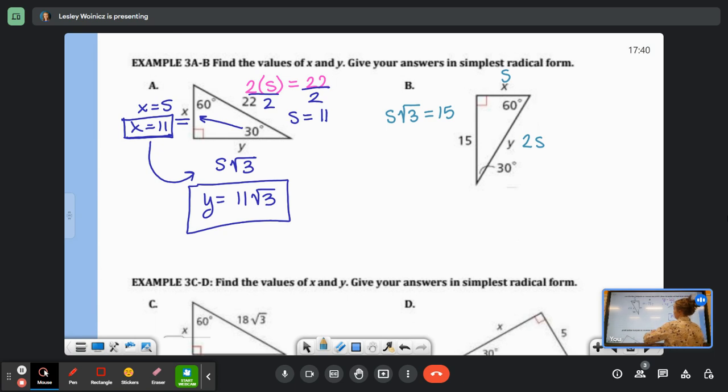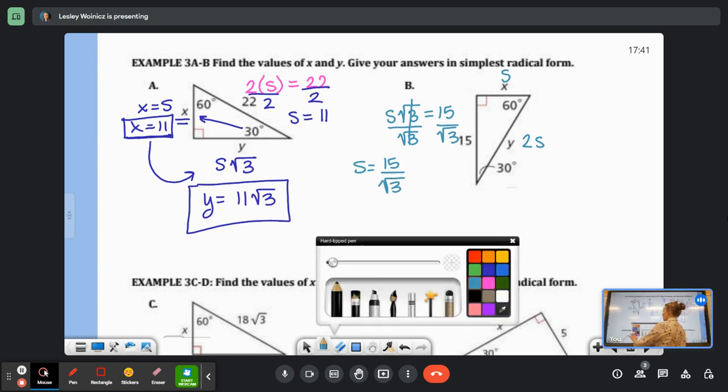I have to divide both sides by root 3 to find my s. So they cancel, and I get s equals 15 over root 3. Well, I can't leave a radical in the denominator like that. I've got to rationalize it.